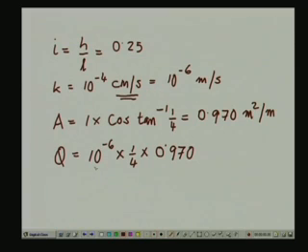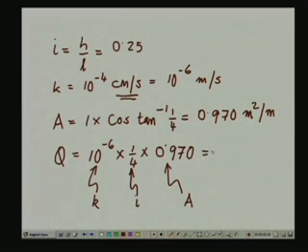So this one here is the permeability K, that one is the hydraulic gradient i, and this one here is the cross sectional area of flow.